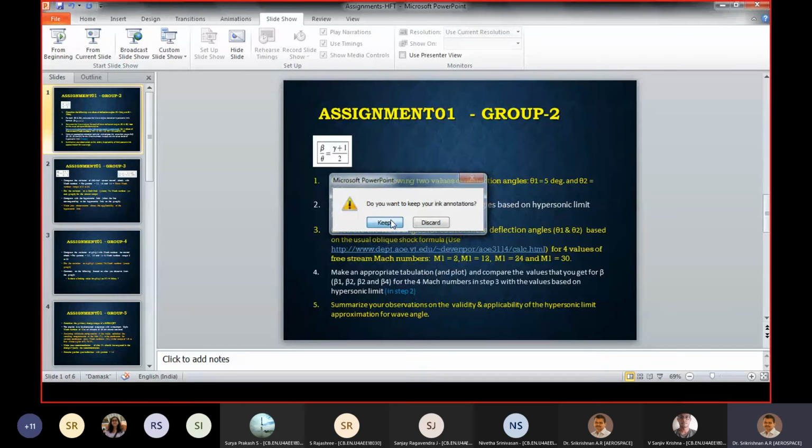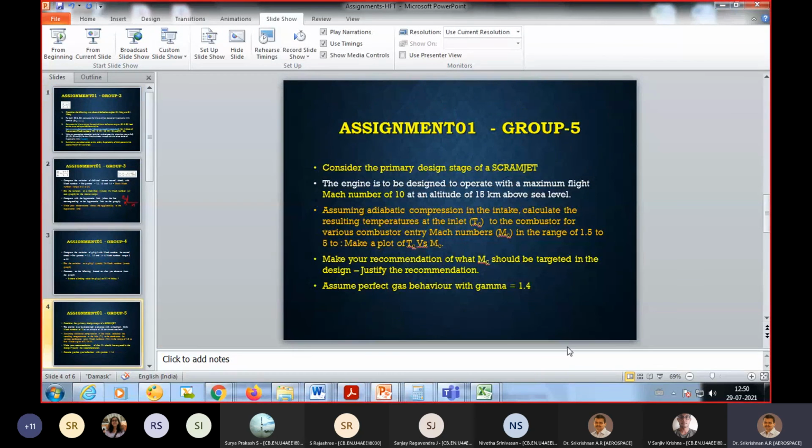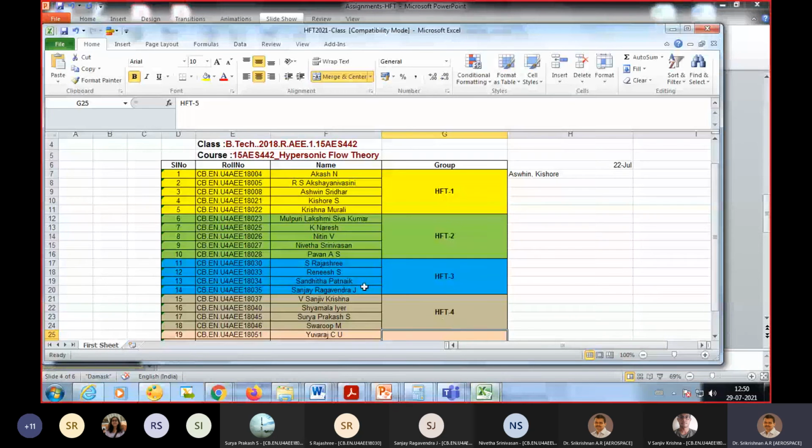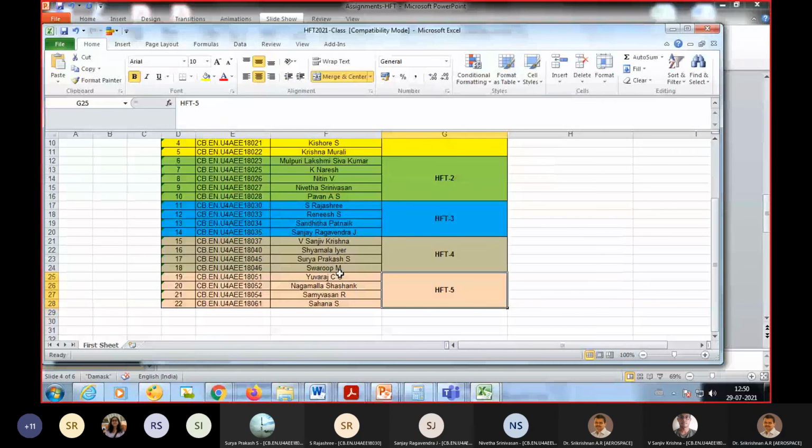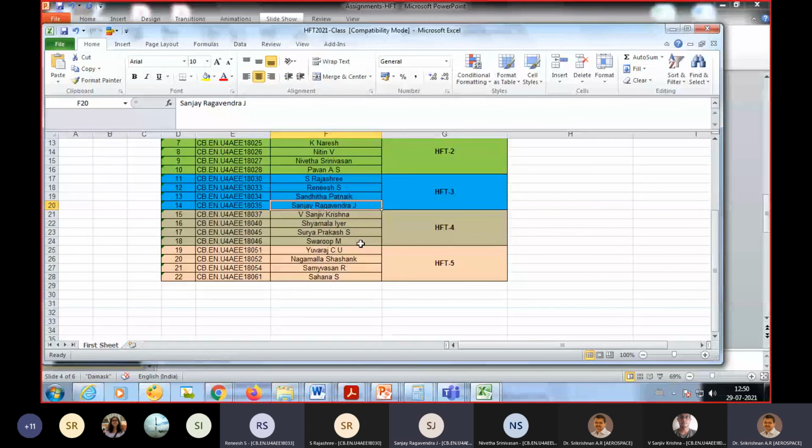But I checked with group 2, everybody is available. I didn't check with the other teams. Can I quickly make sure that most people are around? Rajeshri is around. Please unmute and tell me. Rajeshri of group 3. Yes, sir. Renish. Yes, sir. Patnaik, Sanjay. Yes, sir, I'm here. Great. Group 4, Sanjay Krishna. Yes, sir. Syamala. Yes, sir.